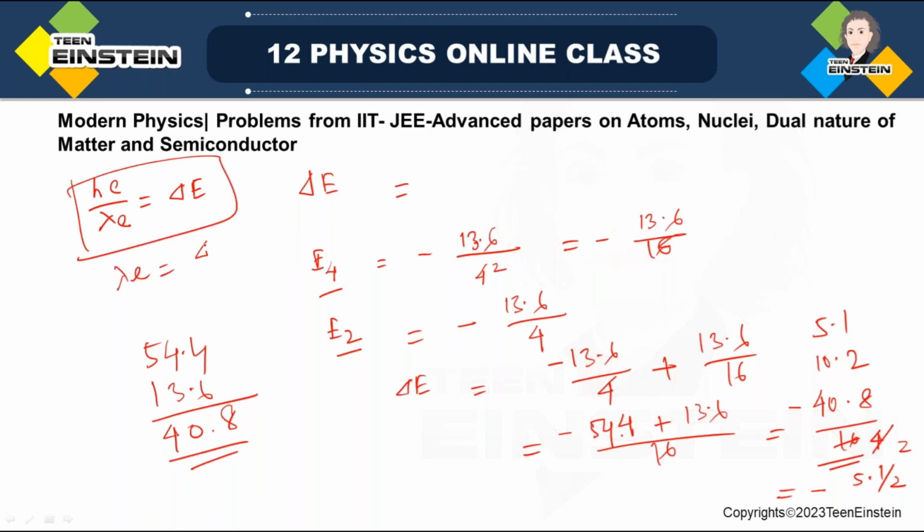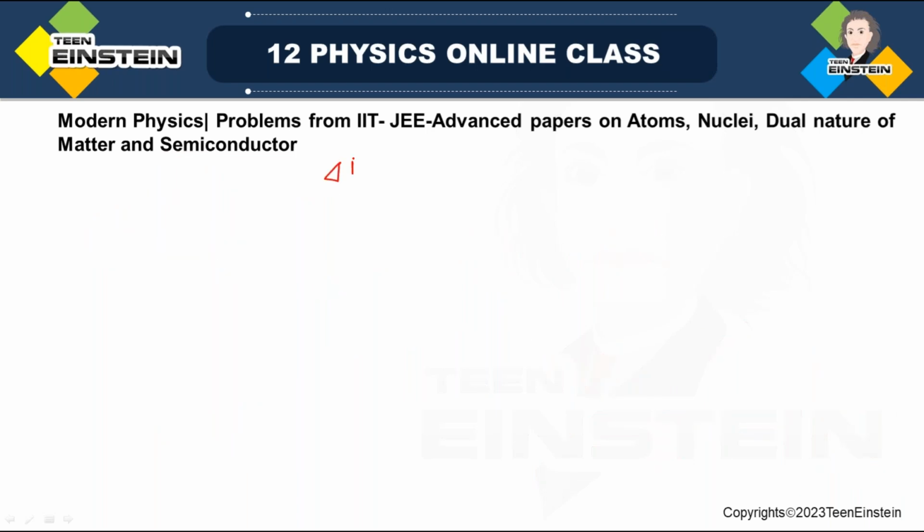Delta E is equal to hc by lambda, so wavelength is equal to hc by delta E, the change in the energy.